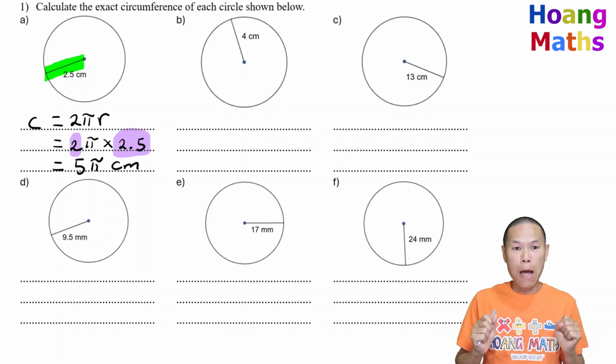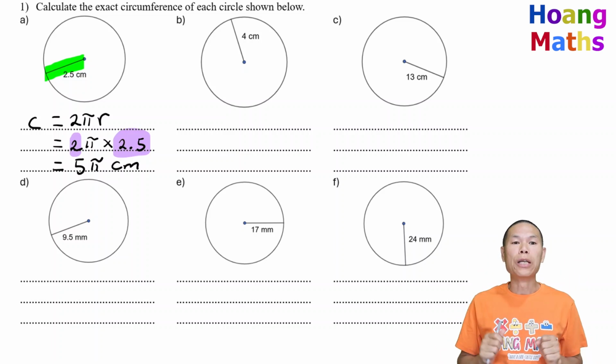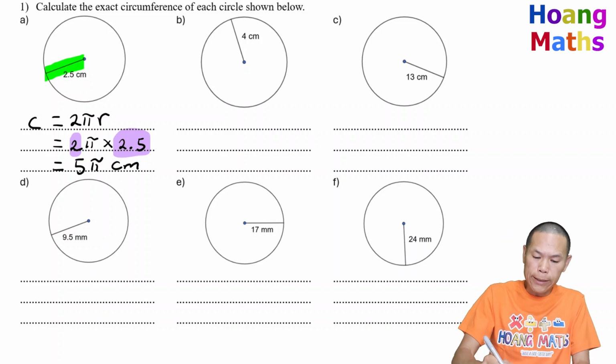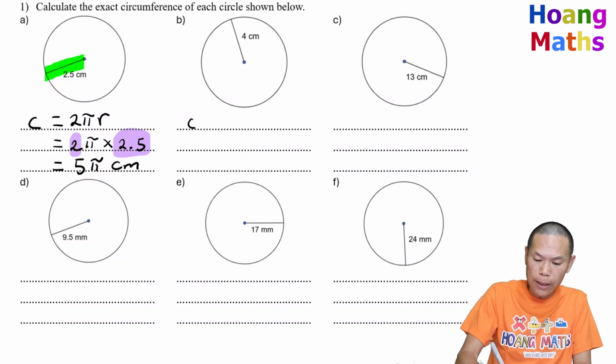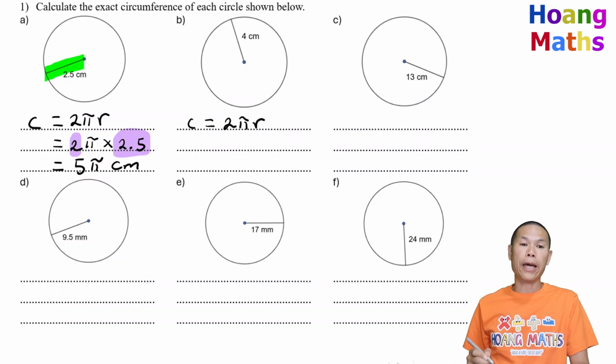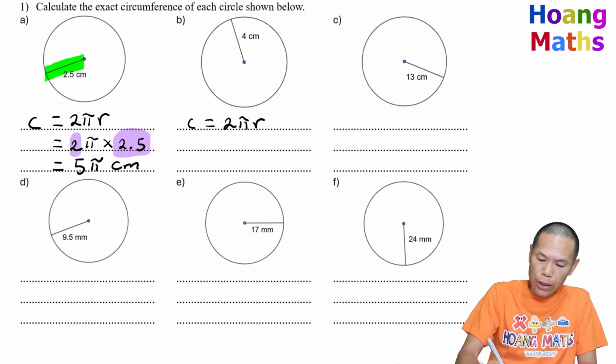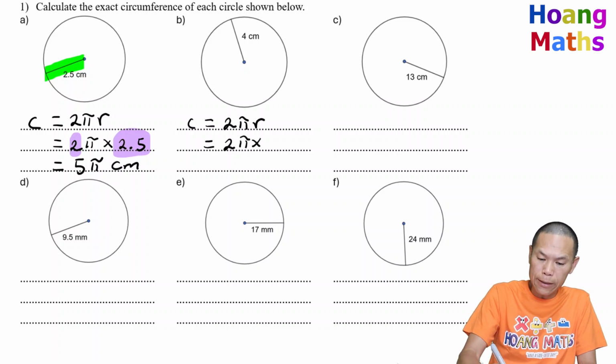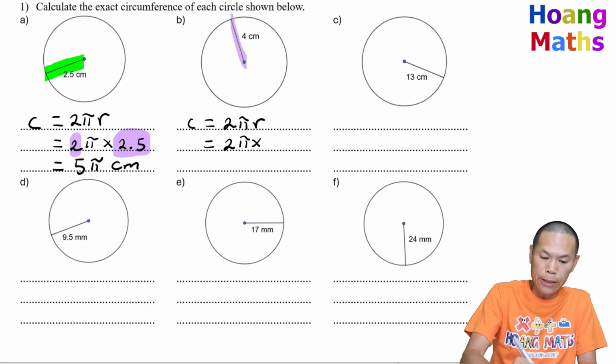Hi there, I'm back. How did you go? Let me go through it with you. So first of all, we know that circumference C is 2 pi r. Okay, r is the radius. So that will give us 2 pi times the radius, in this case 4 centimeters.